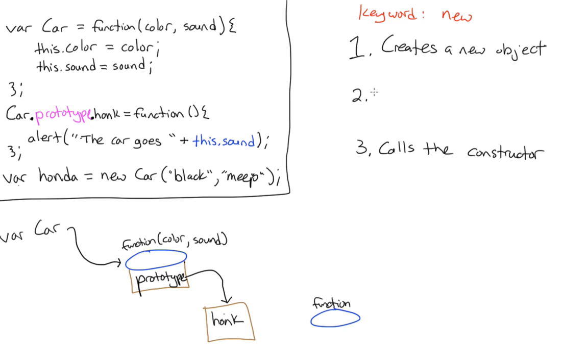So the keyword new, right after it creates a new object, creates a secret link to the constructor's prototype.